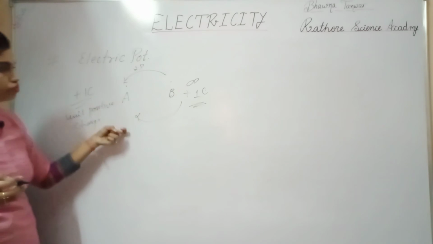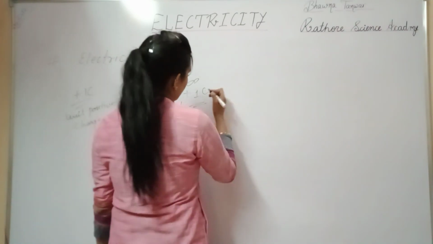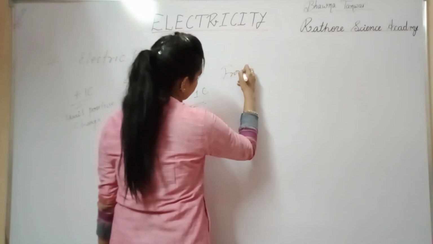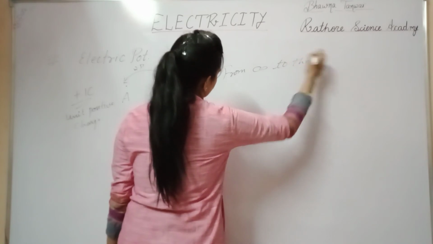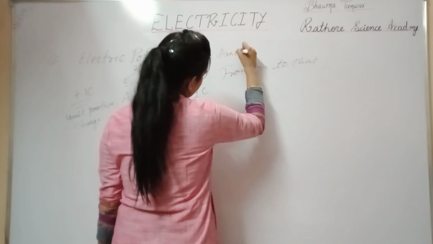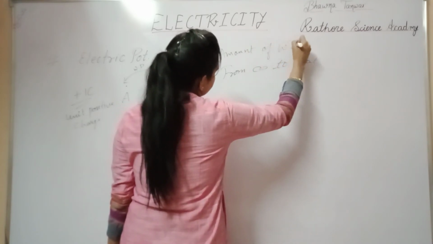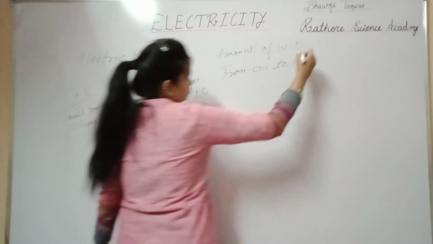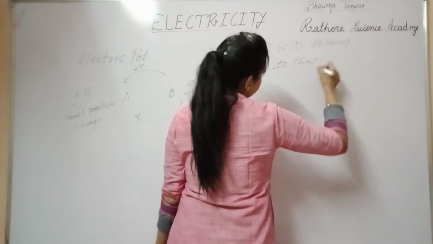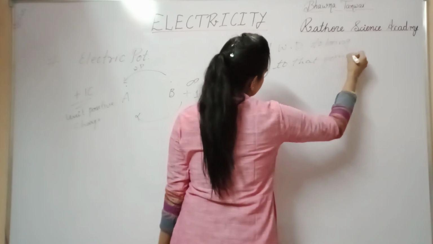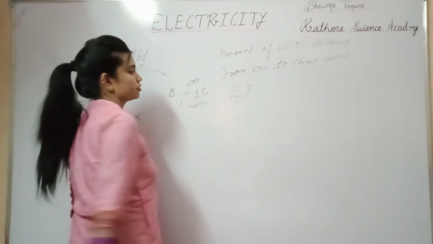Okay, the amount of work done to bring a unit positive charge from infinity to that point is known as electric potential.